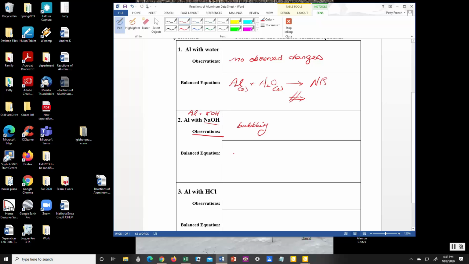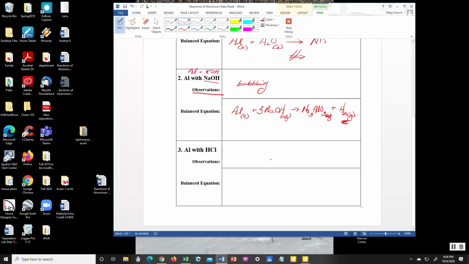Well, the aluminum, which is a solid, was reacting with sodium hydroxide, which was aqueous, and this gave us sodium aluminate, which became a solid, and hydrogen gas. Actually, that was aqueous for you guys. And that's your bubbling.